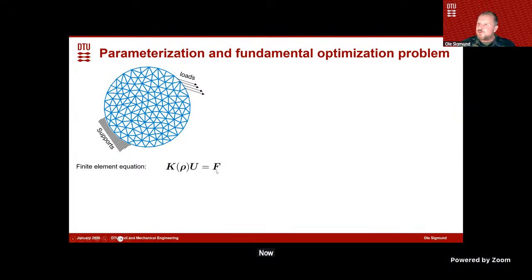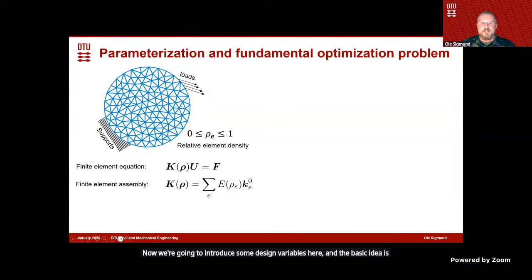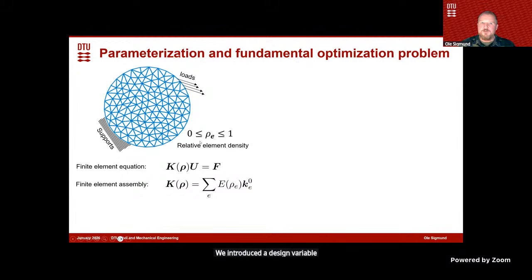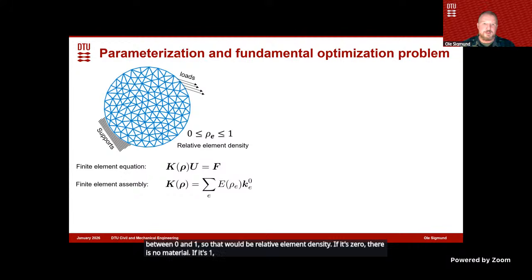Now we're going to introduce some design variables here, and the basic idea is that in every element in the mesh, we introduce a design variable that can take values between 0 and 1, so that would be a relative element density. If it's 0, there's no material. If it's 1, there's solid material.